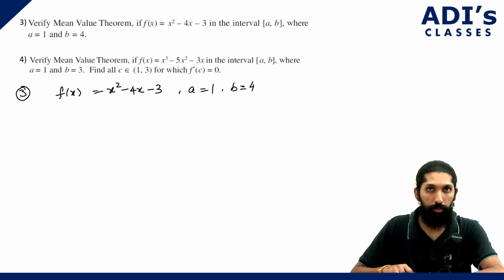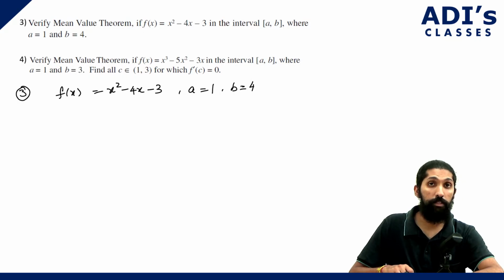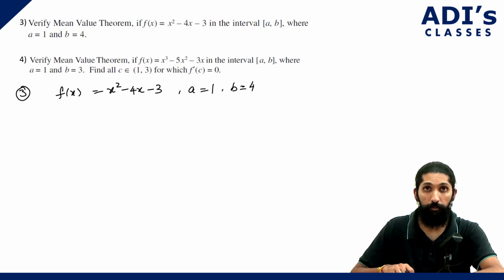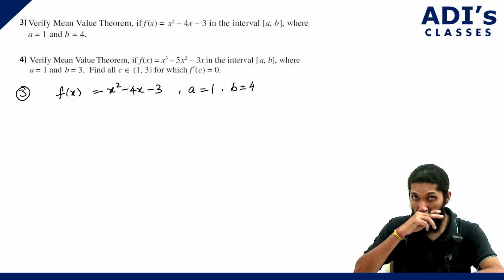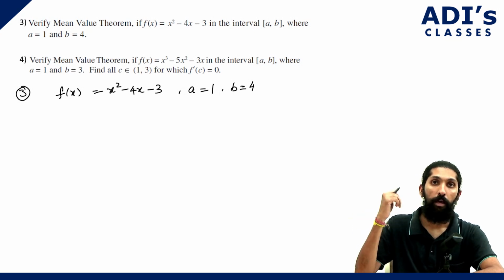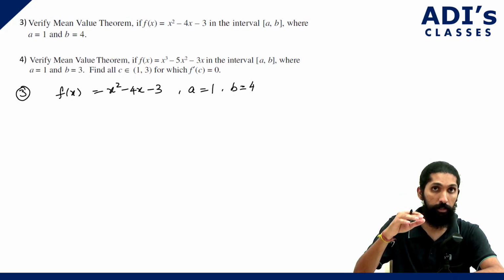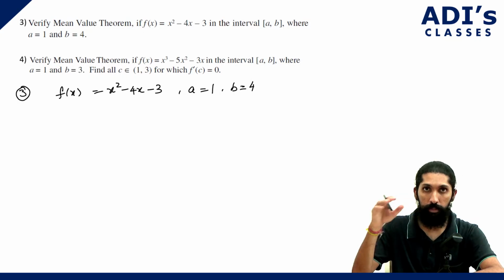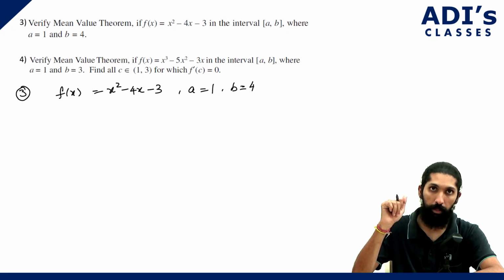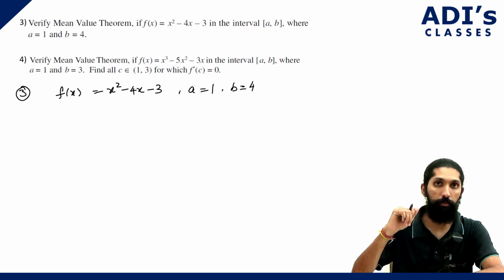First, let's understand what we need. f of x should be continuous in a comma b. It should be differentiable in a comma b. Then f dash of c is f of b minus f of a divided by b minus a, correct? So we'll look into that.